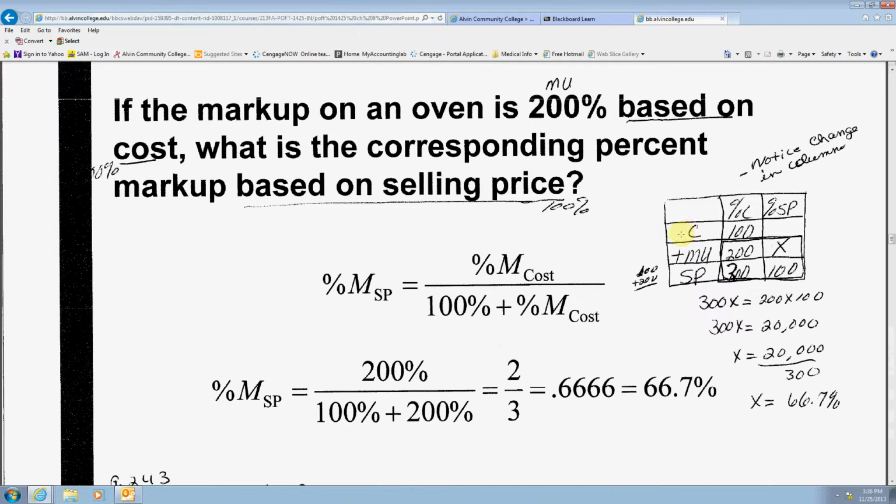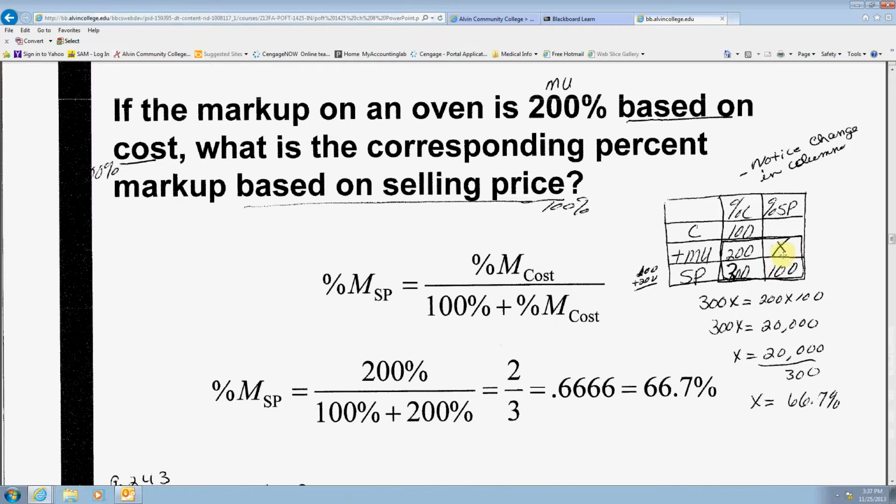Our table has changed because we're looking at percent of cost and percent of sales price. Our left side still remains cost plus markup equals sales price. So we know the cost is 100%. We know the markup is 200% based on cost, and we're looking for X, the percent of markup on the oven based on selling price.